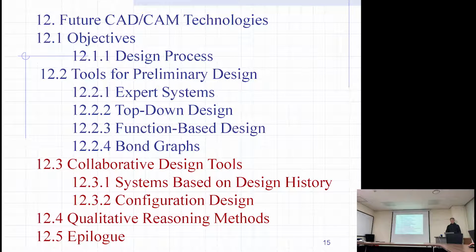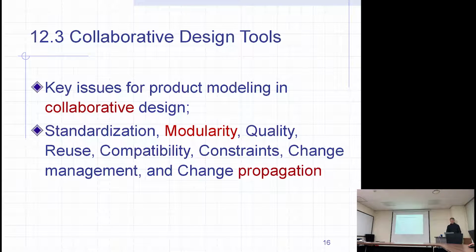Now we go on to collaborative design system tools. For collaborative design, you should have a collaborative partner, right? Nowadays, as I mentioned in previous slides or lectures, outsourcing is growing. I may show you the Rouge factory of Ford company, and the T1 car.